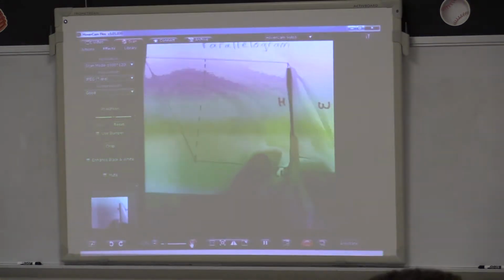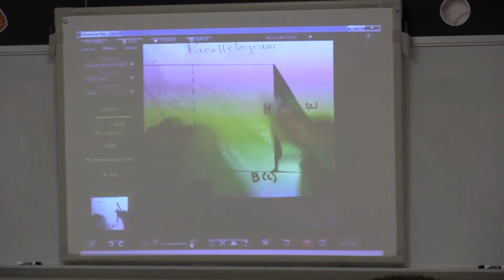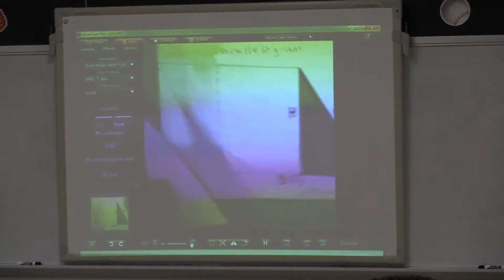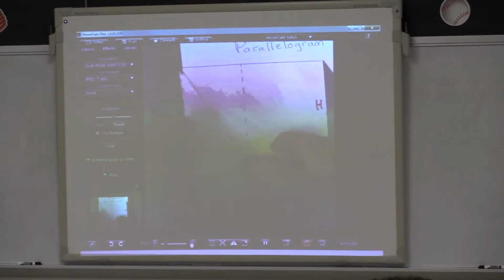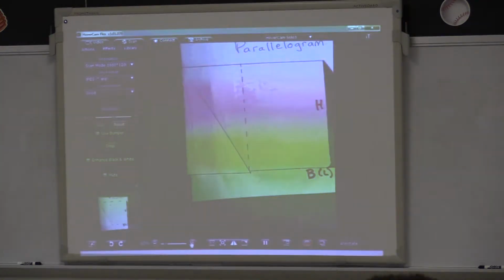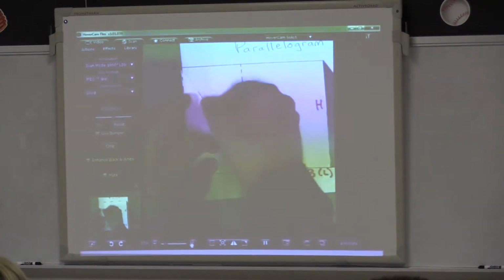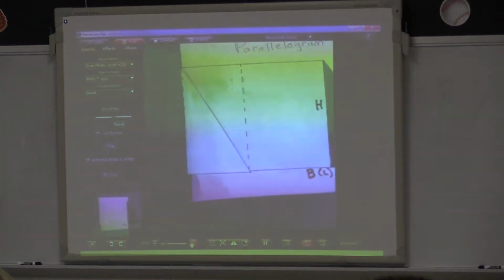Remember, I'm not changing the total area of the figure at all. I'm just going to take that and transplant it. I'm a surgeon here. I'm going to transplant it right there. So what did I do?